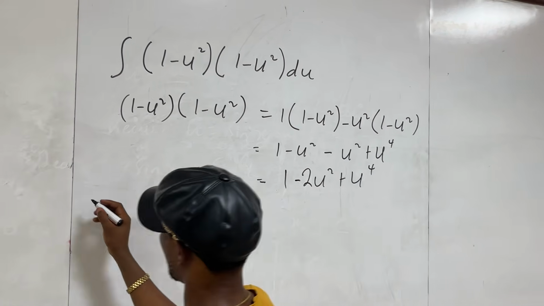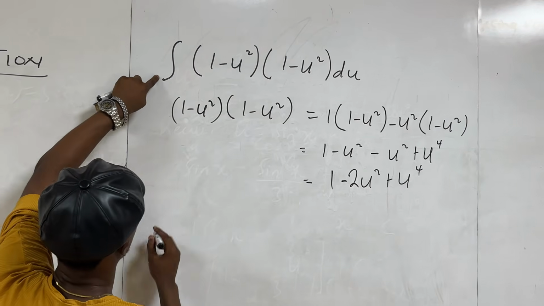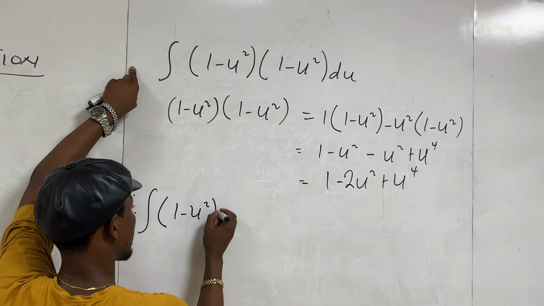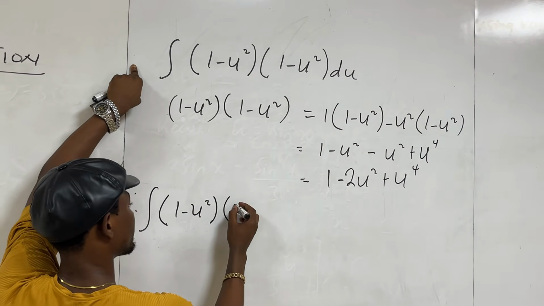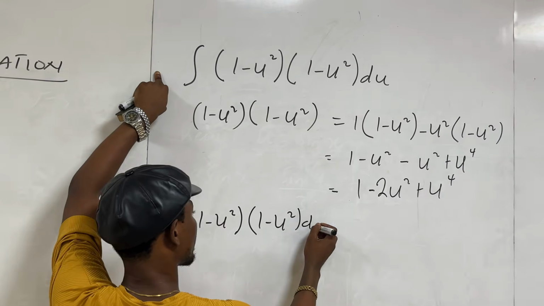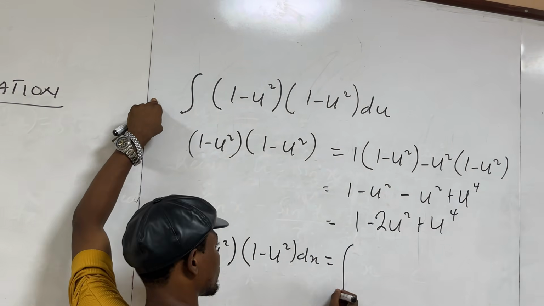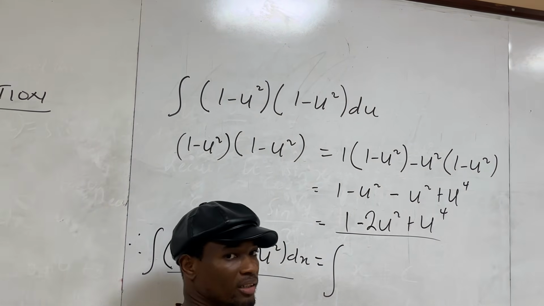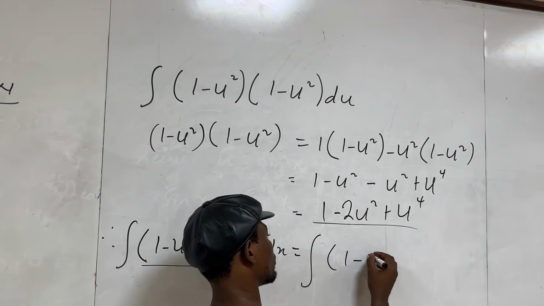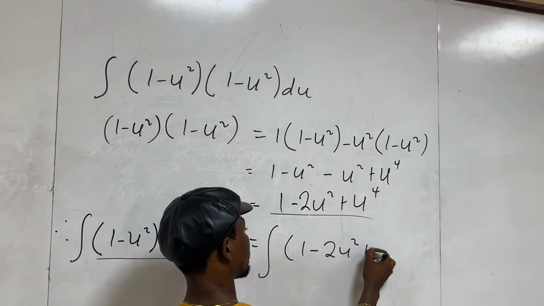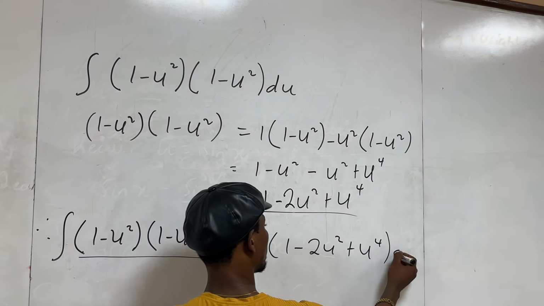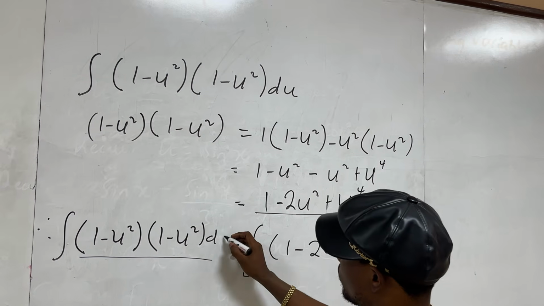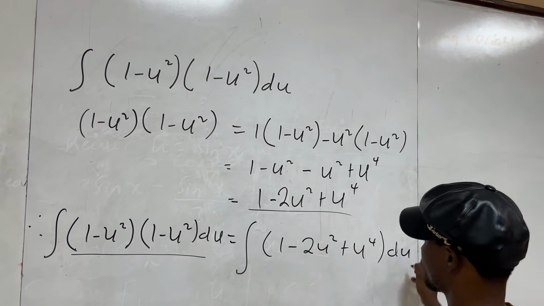So we can say that this integral of 1 minus u squared times 1 minus u squared is just the same as the integral of 1 minus 2u squared plus u to the power 4 du.